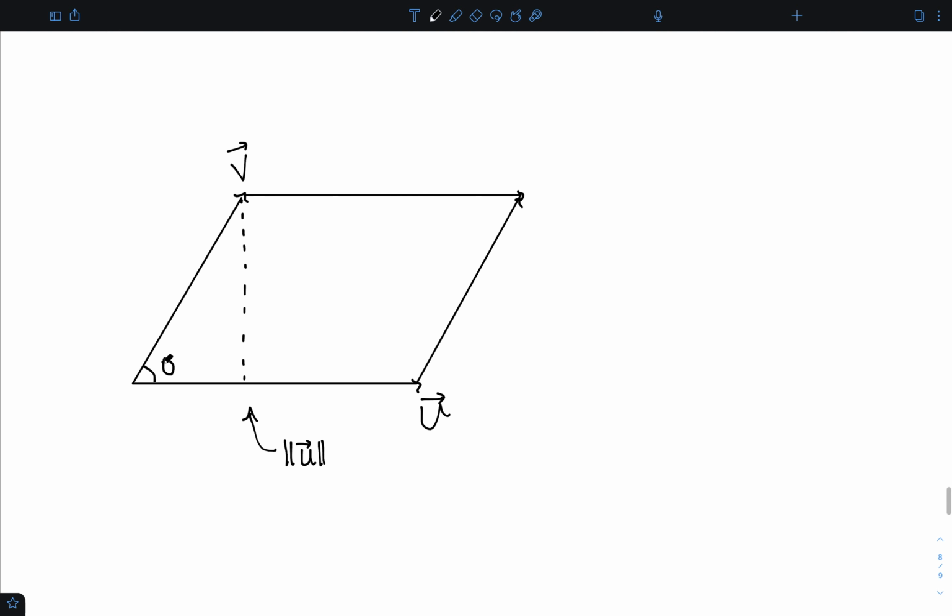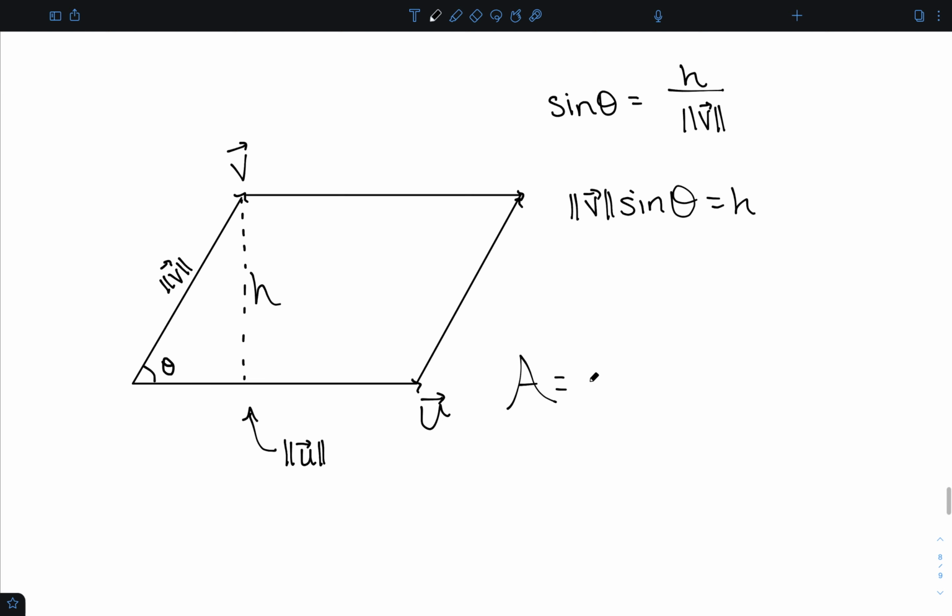If the angle between these two vectors is theta, well, I know that the length of this vector is the length of v. So I can see sine of theta is equal to the opposite side, the height that I need, over the hypotenuse, which is the length of v. Multiplying both sides by the length of v, I have the length of v times sine theta is equal to the height.